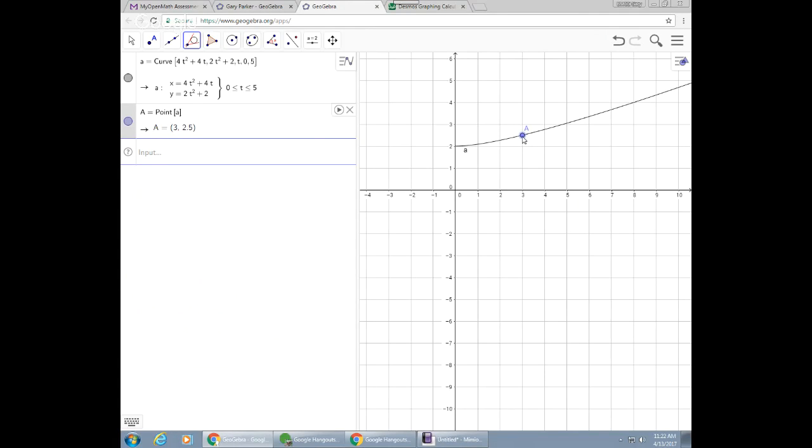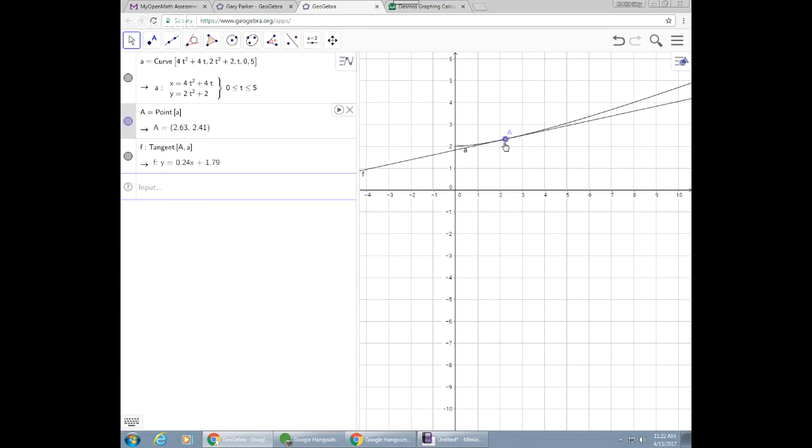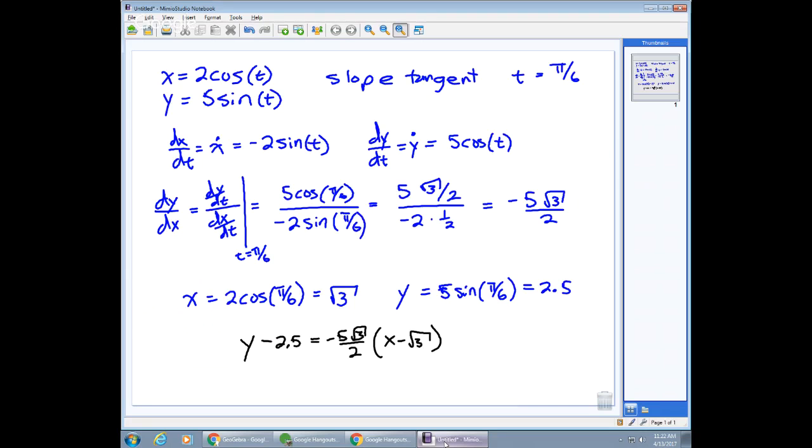So if I click here and there, ooh, there's the tangent line. And so then I can grab it and move it around, which is kind of fun. And it even gives me an equation, but it's only an approximation in the equation here, right? So anyway, Geogebra has a few more features, but it's a little harder to use. Okay, so let's do the math.